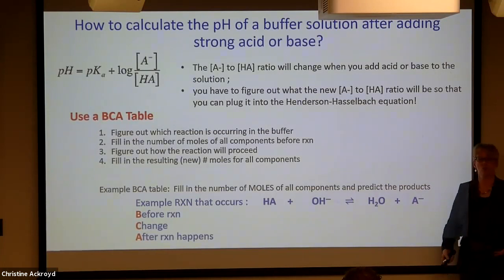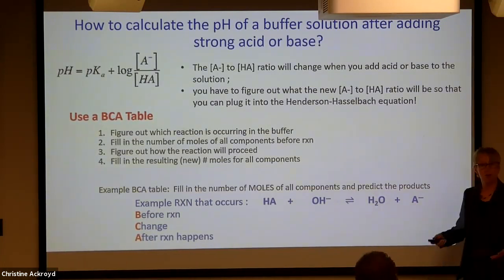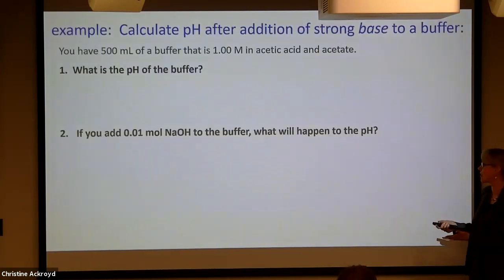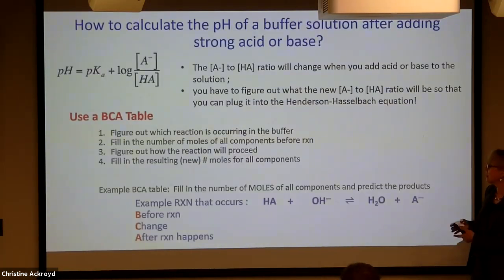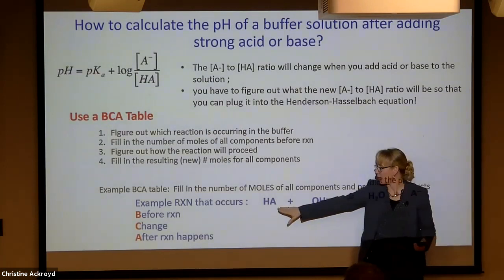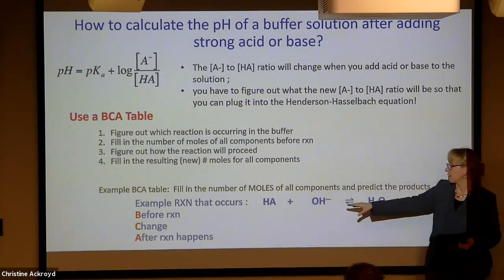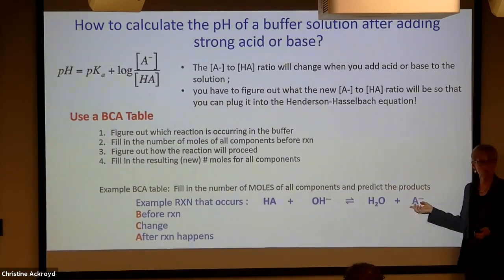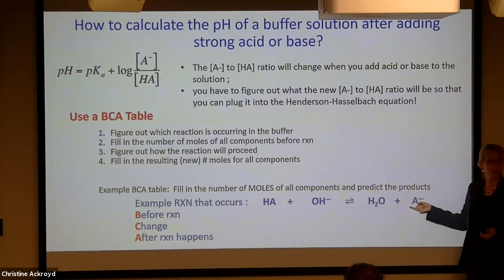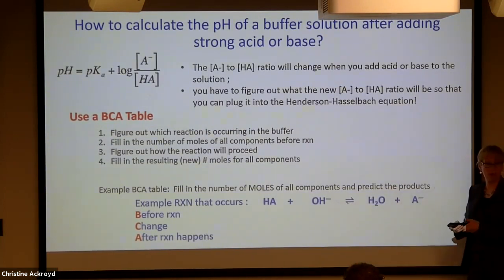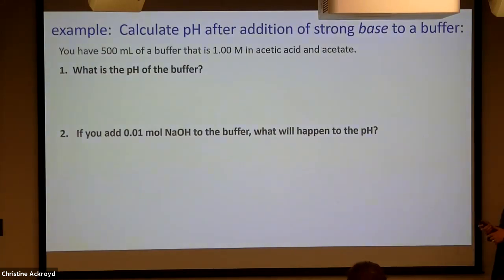So let's track the number of moles of everything we have before the reaction happens. We calculate how many moles we have of our starting acid, how many moles of our buffer base component, how many moles we add, and then track what's going to happen over the reaction. So let's do an example.